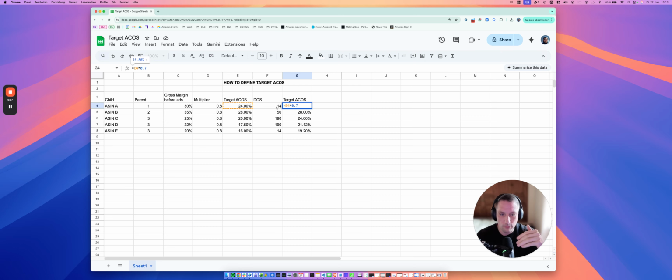Everything between 14 and 90 days, let's say this is the normal, healthy inventory situation, we keep it at 1, right? So we don't change anything with our target ACOS, but everything above 180 days is long-term storage, and we want to increase our PPC. Typically, we also want to reduce our price.